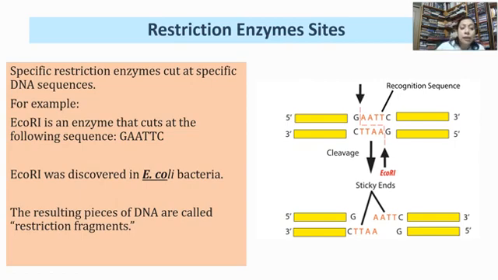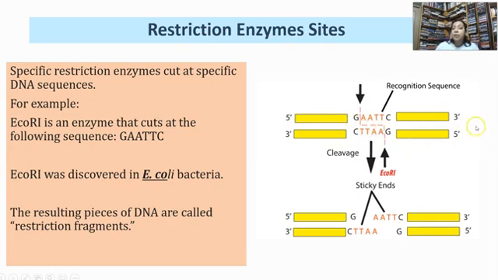So for example, EcoRI, and this is what they are showing an example of, will cut after this first G in this particular sequence. This sequence is a palindrome, so it's the same reading on both strands when you go from the 5' to the 3' direction, right?